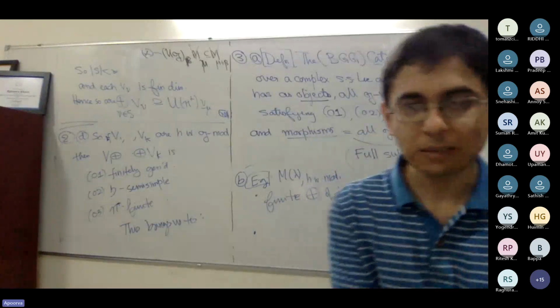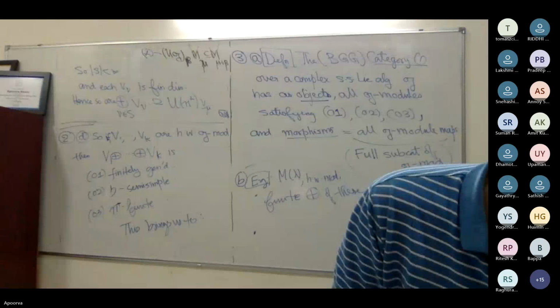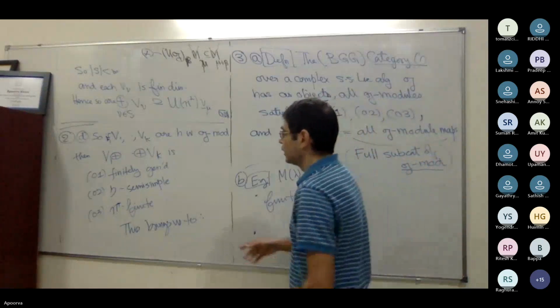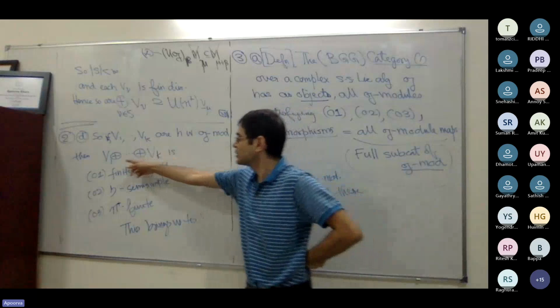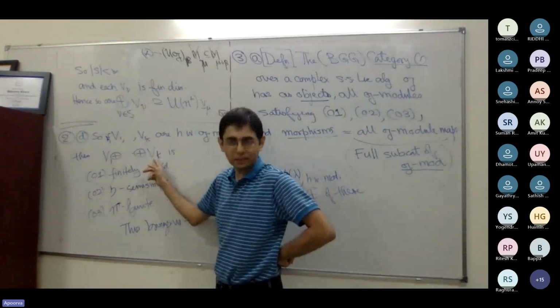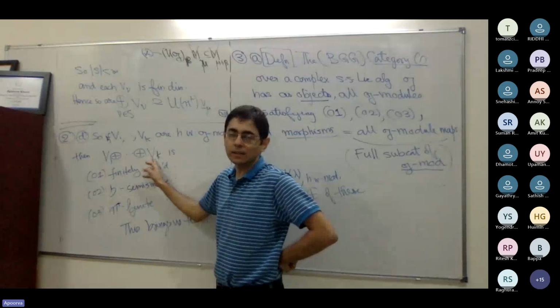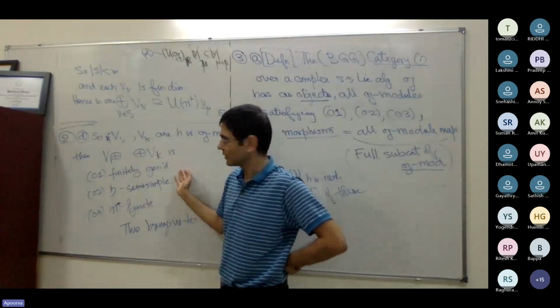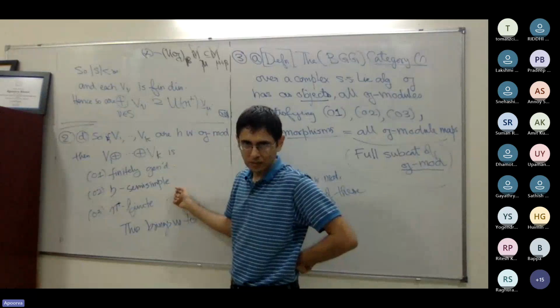More generally, let us look at some operations under which O is closed. Suppose each of these modules was not a highest weight module, but was a module in category O, then each of these is finitely generated, so the direct sum is still finitely generated. If each of these is H semi-simple, then the direct sum is H semi-simple.